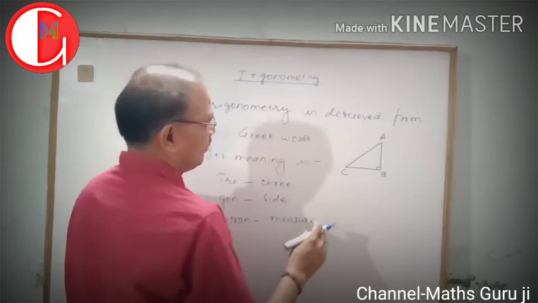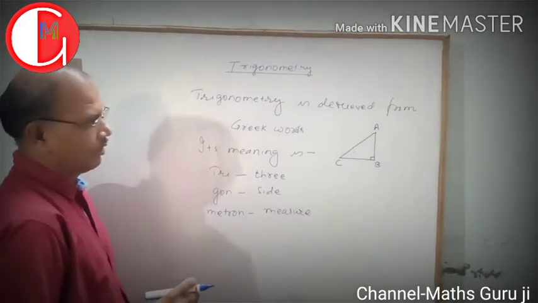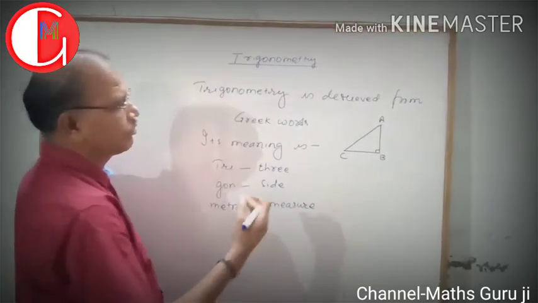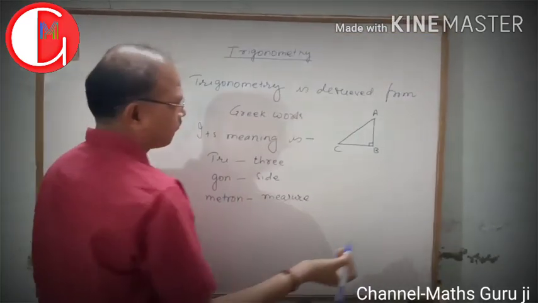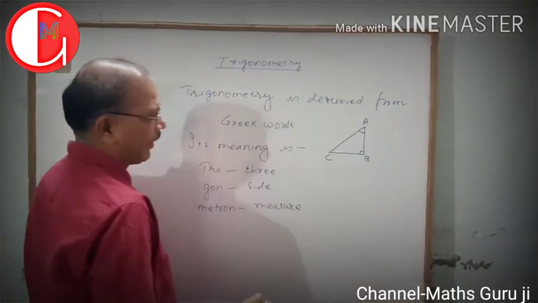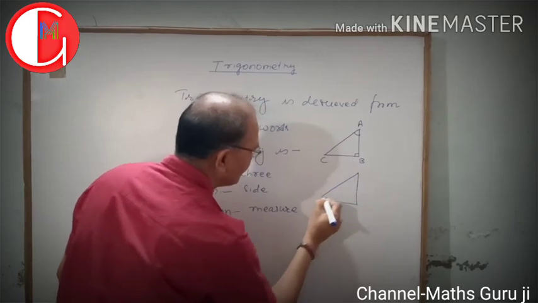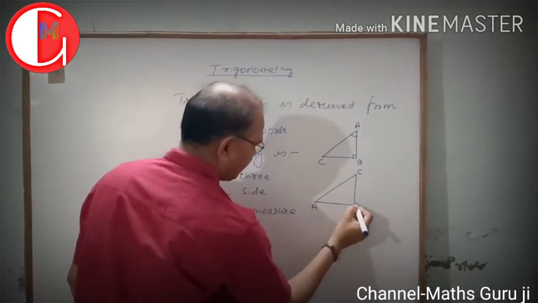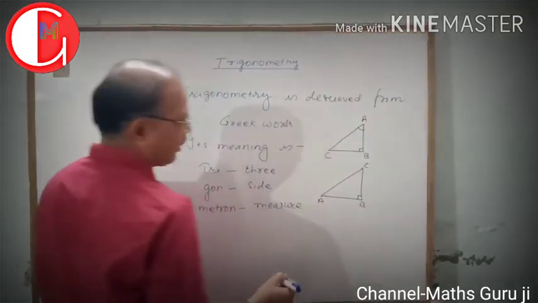So now you see here which angle we are going to measure. Suppose you measure this angle, this is A. The second figure, suppose this is A, B, C. Three angles.